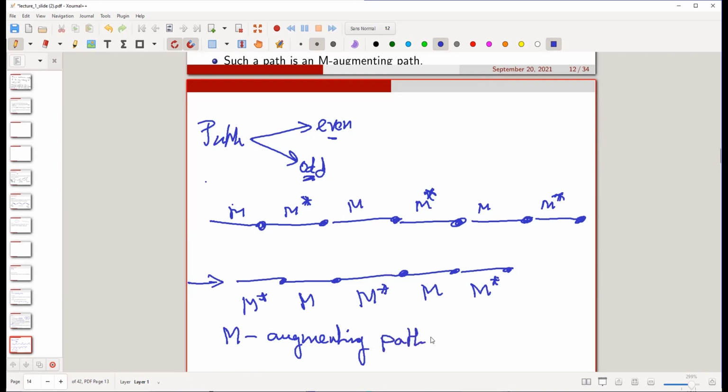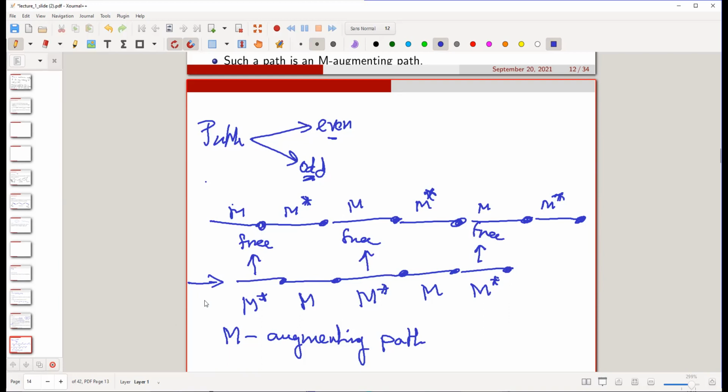Why is this path an M augmenting path? This is because if we consider the matching M, then this particular edge is unmatched. So I'll just write free here. And this is free, and this is also free.